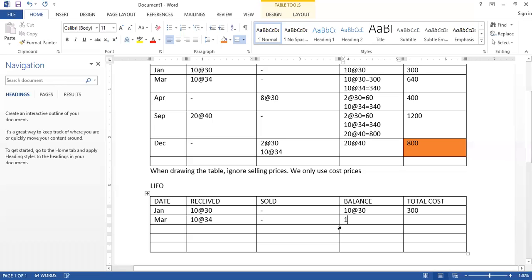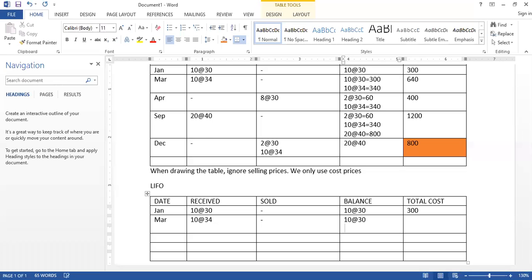So we are bringing down our balance at the price of 30. And that's when you can record your new balance, which is 10 at 34. So how much will be our total cost? 10 times 30 plus 10 times 34, obviously it will give us 640. So still it's the same. The difference comes in the next month when we are going to issue out.